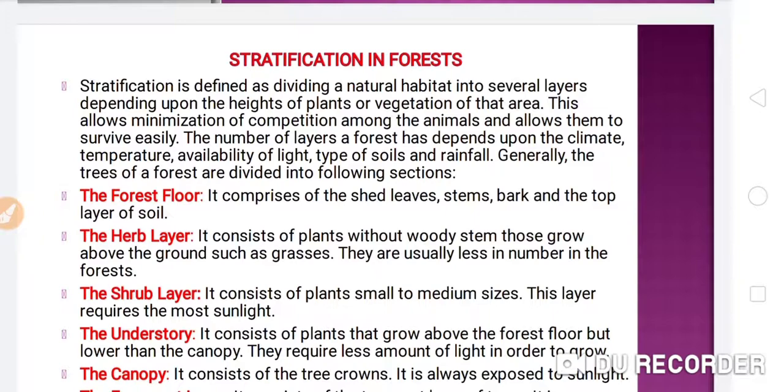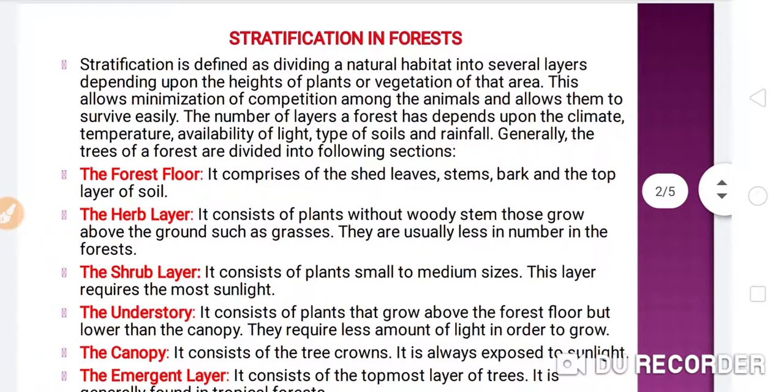The number of layers a forest has depends upon the climate, temperature, availability of light, type of soils and rainfall. Generally the trees of a forest are divided into the following sections.